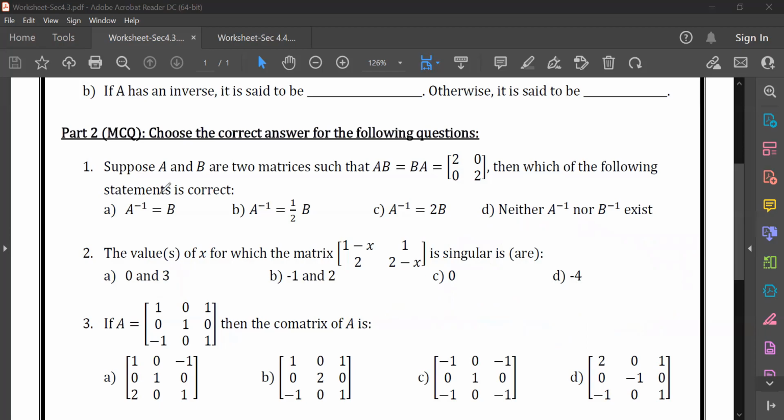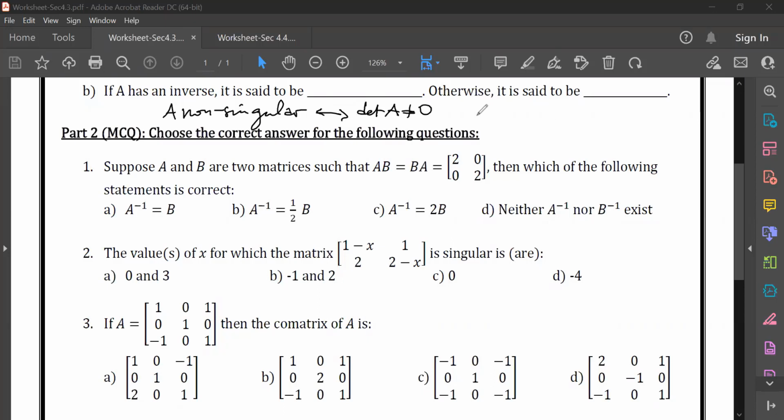Let's go back to question A. So the criterion for a matrix to be non-singular, we said A is non-singular if and only if the determinant of A is non-zero.